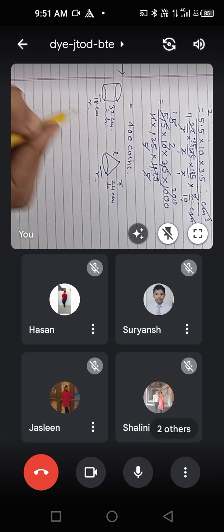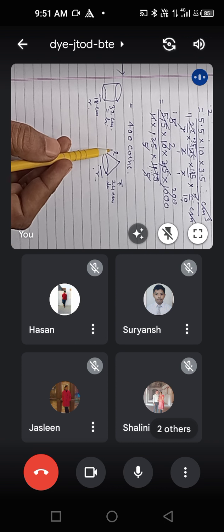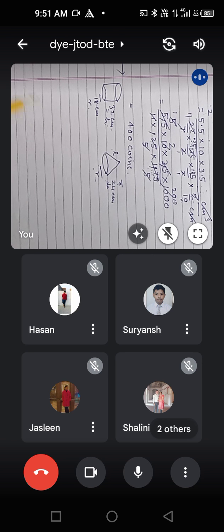Now the question is, find the radius and the slant height of the heap. The radius has to be calculated and the slant height has to be calculated. The vertical height is given.